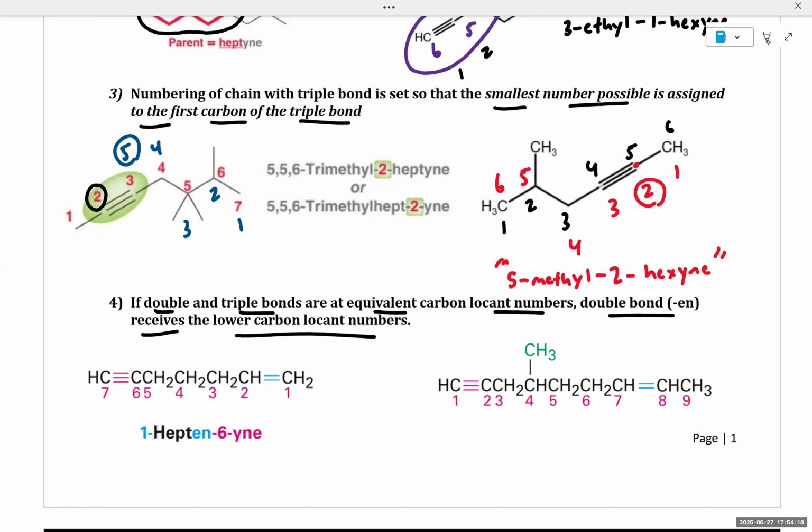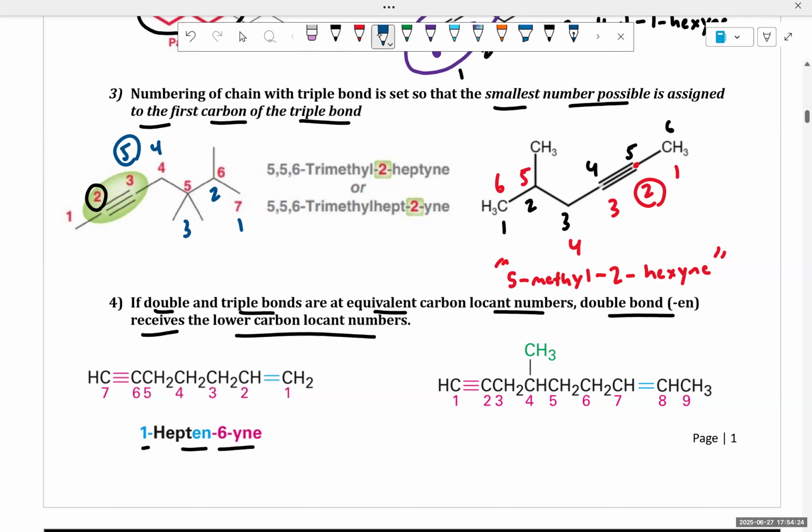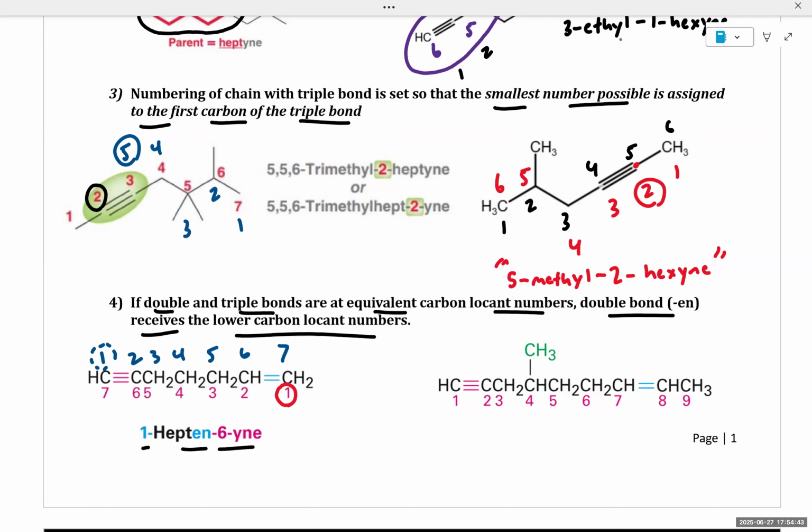For example, the following compound would be named 1-hepten-6-yne, because we want to give the smallest locant number of 1 to the alkene if possible. This is compared to the alternative, where we assign a locant number of 1 to the alkyne. The alkene is higher priority, so it gets the lowest locant number.